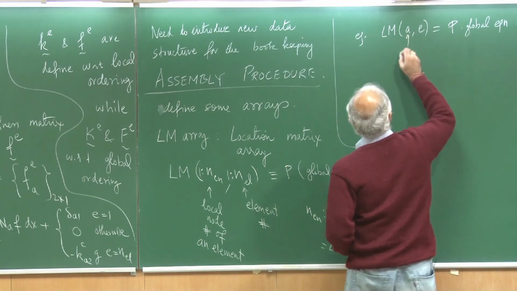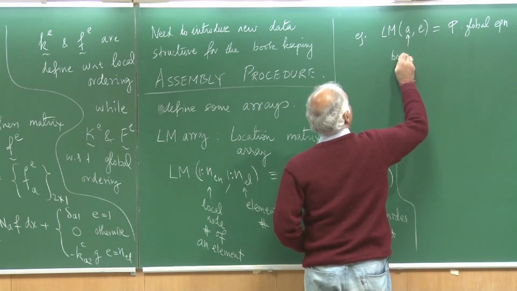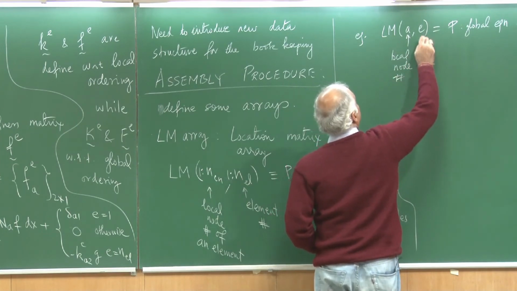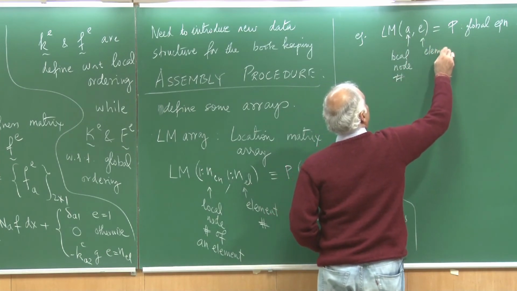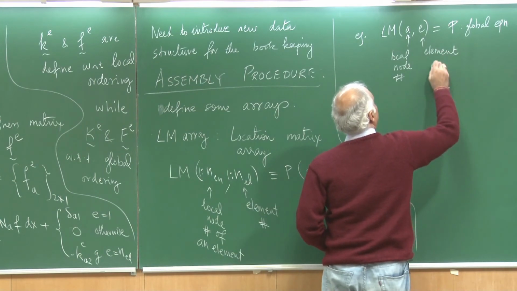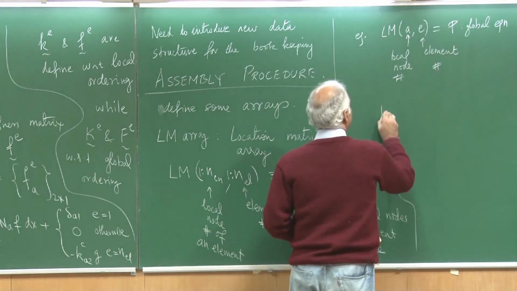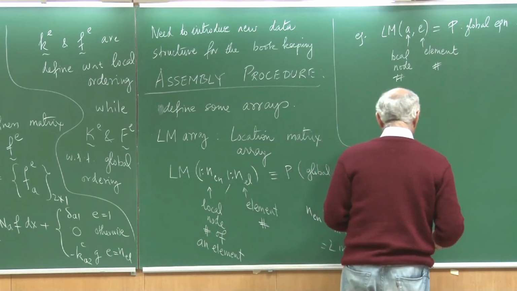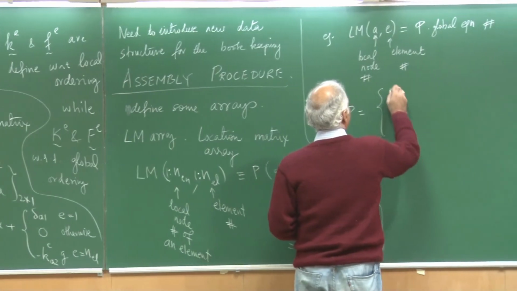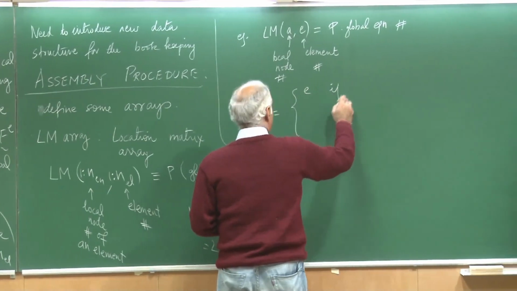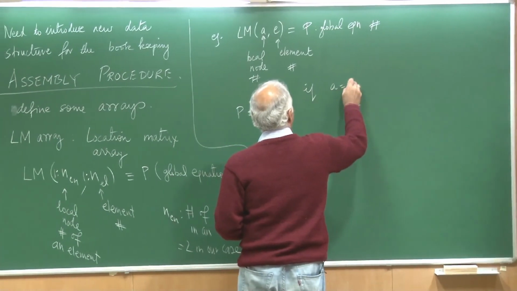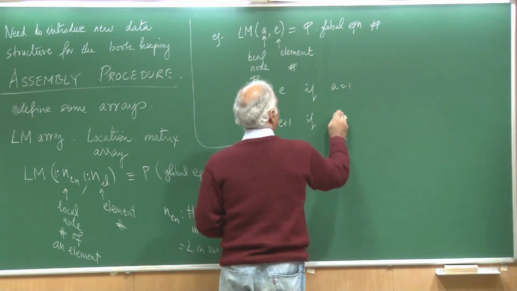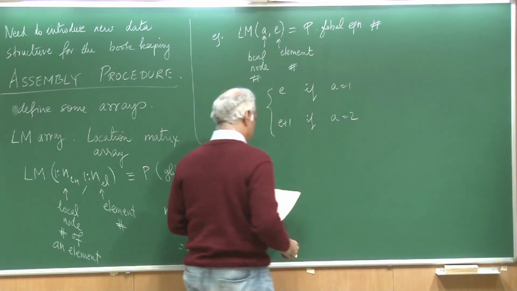A is the local node number, and E is the element number. And you can see that P is actually going to be given as E if A is equal to 1, and E plus 1 if A is 2.